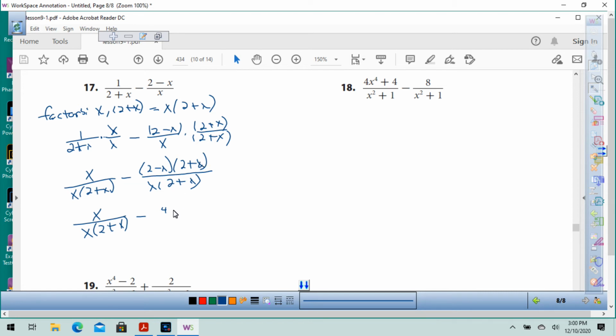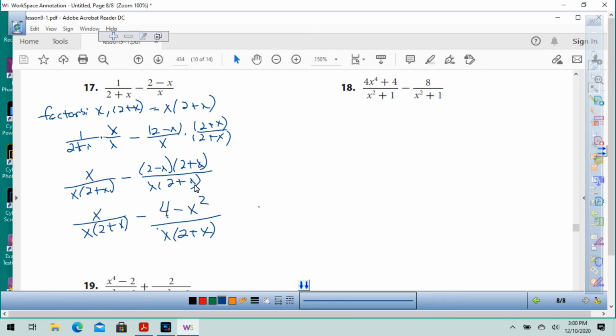That's going to be plus 2x minus 2x, and then minus x squared. And I notice I got 2x minus 2x, so those are going to cancel out. So I'm just going to have 4 minus x squared over x times 2 plus x.